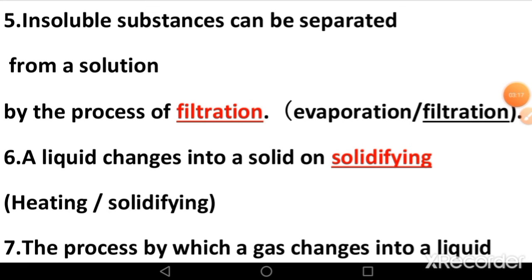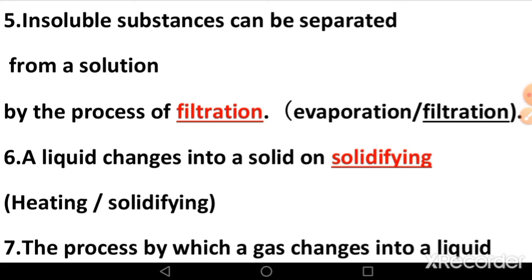Now next, INSOLUBLE, SUBSTANCES, CAN, BE, SEPARATED, FROM, SOLUTION, BY, THE, PROCESS, OF.